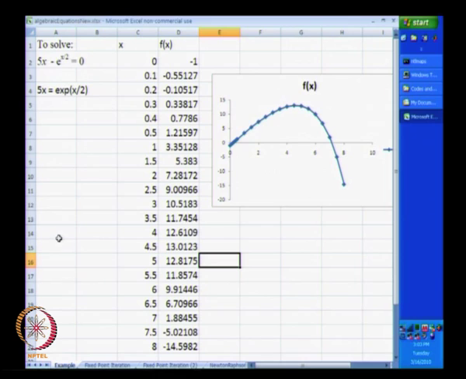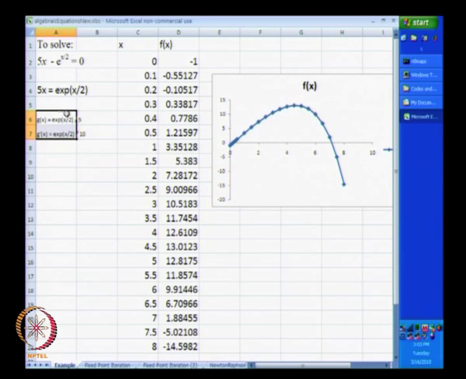Now our g of x was nothing but exp of x by 2 divided by 5, and g dash of x was exp of x by 2 divided by 10.